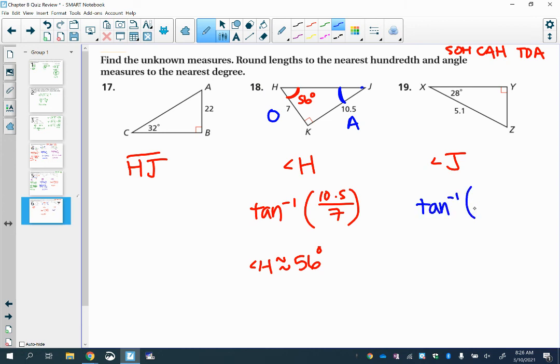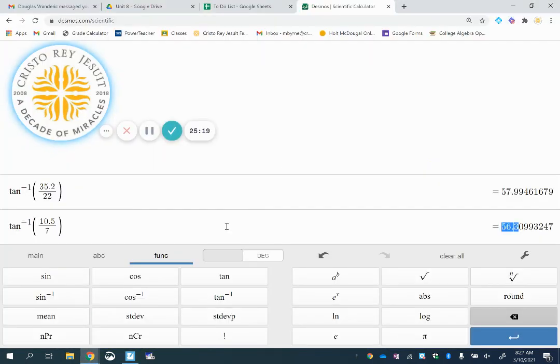And now you're thinking, how is this going to be any different? Well, look, inverse tan of opposite over adjacent would be 7 over 10.5. So we can see that this is something totally different. Even though it's using the same numbers, 10.5 over 7 is not the same as 7 over 10.5. But again, I'm already ready to go to my calculator.